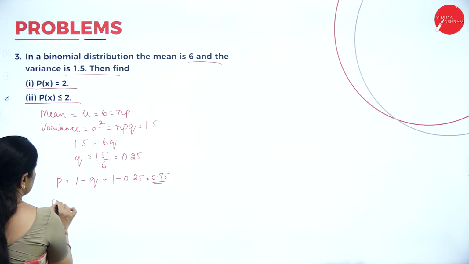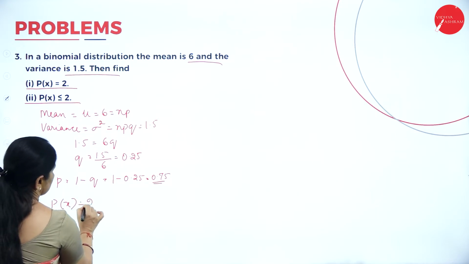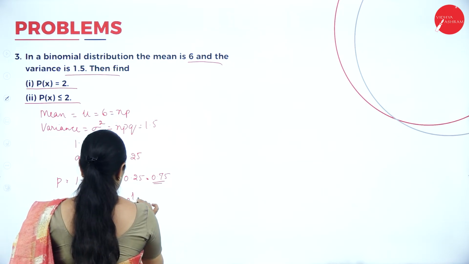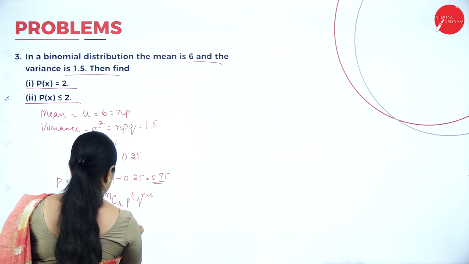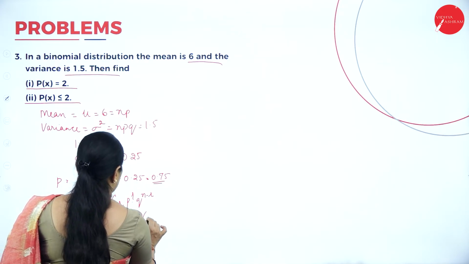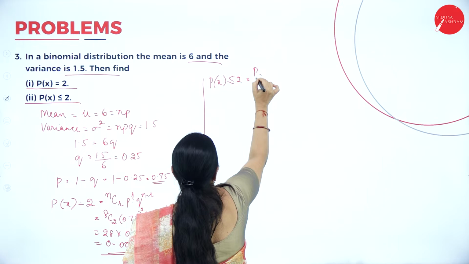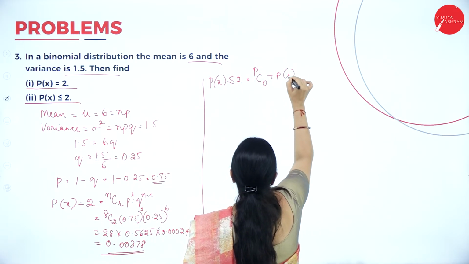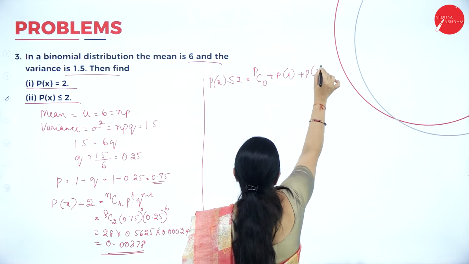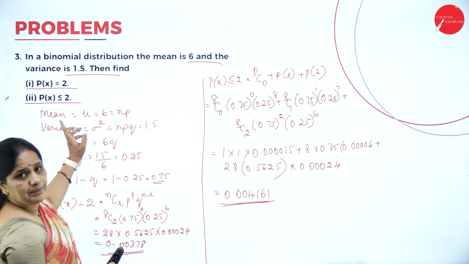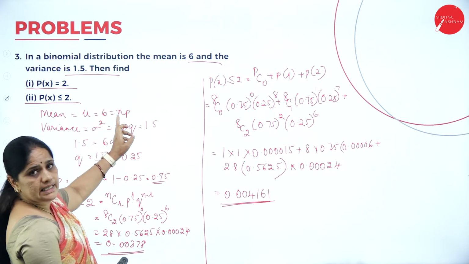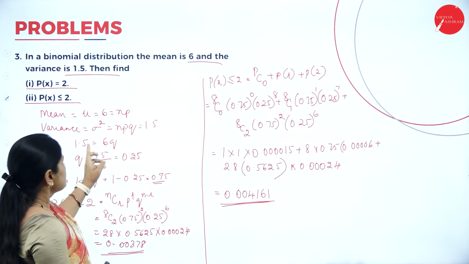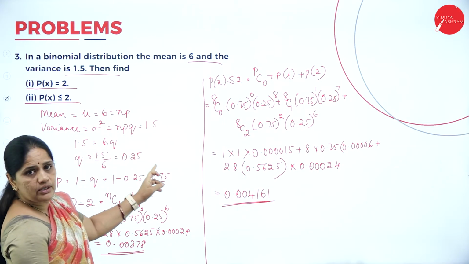When P of x equals 2, we make use of the formula. In this problem, mean equals mu, that is 6 equals np, and variance equals 1.5, so 1.5 equals 6q, q equals 0.25.